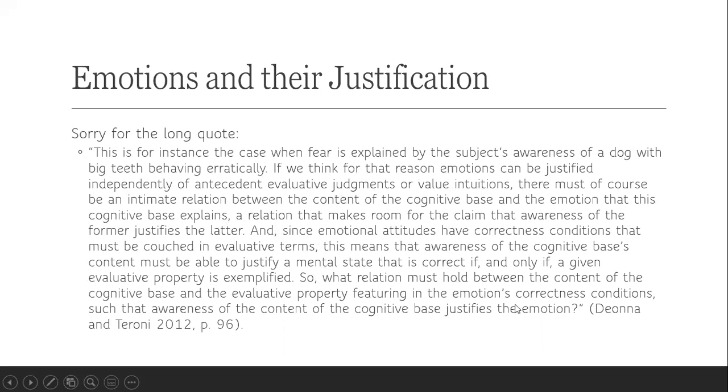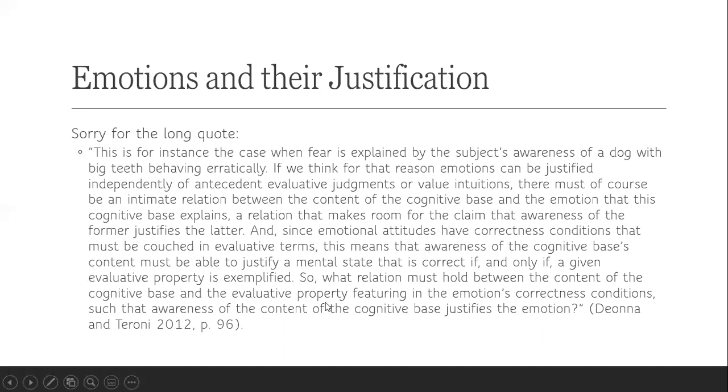And since emotional attitudes have correctness conditions that must be couched in evaluative terms, this means that awareness of the cognitive base's content must be able to justify a mental state that is correct if and only if a given evaluative property is exemplified. So, what relation must hold between the content of the cognitive base and the evaluative property featuring in the emotion's correctness conditions, such that awareness of the content of the cognitive base justifies the emotion?